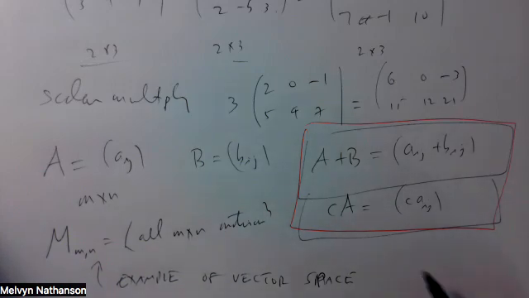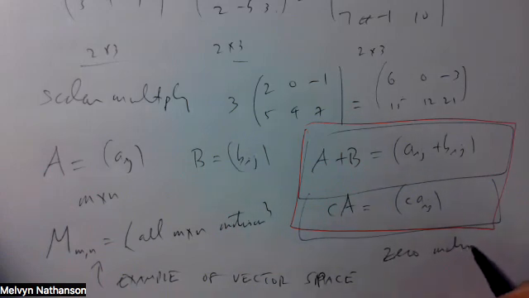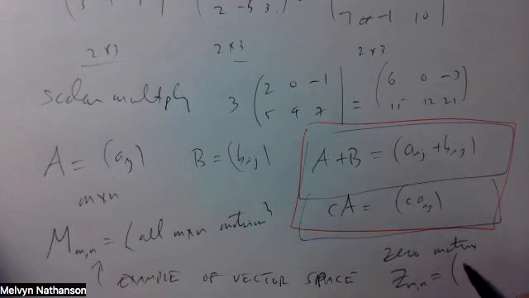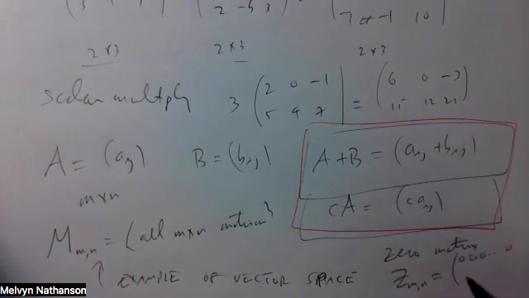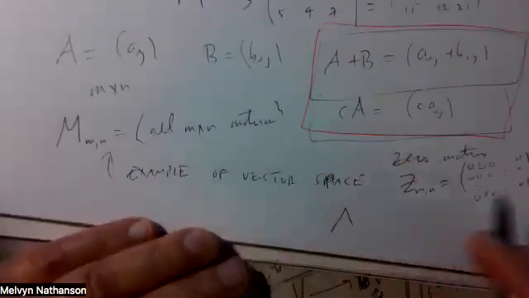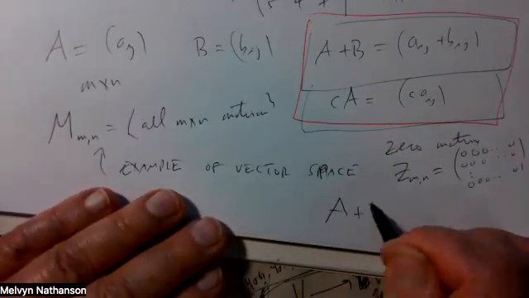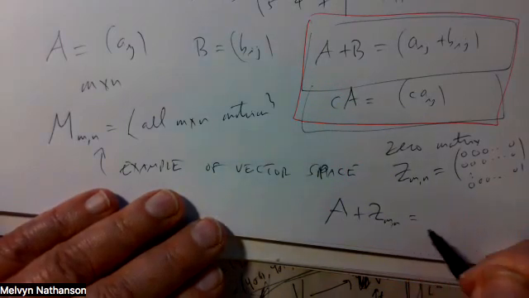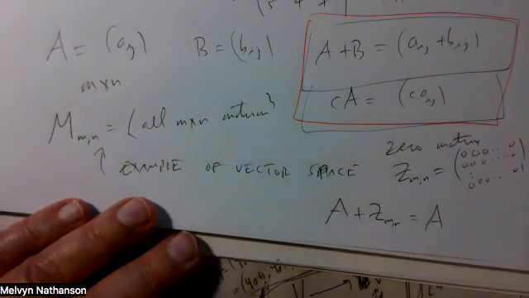What's the zero element? You have the zero matrix called Zmn, and this is just the matrix where every coordinate is 0. And any matrix A plus the 0 matrix is just A, since you're just adding 0 to all the coordinates.